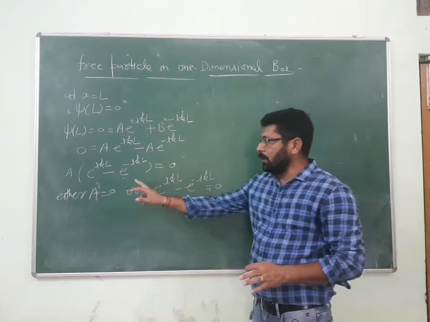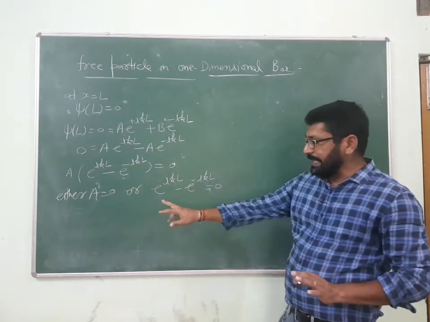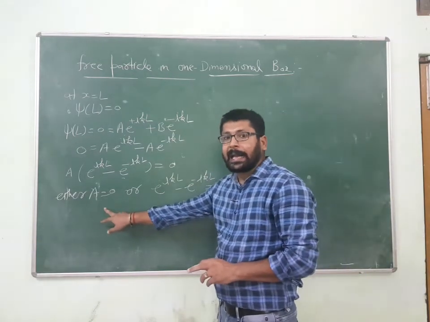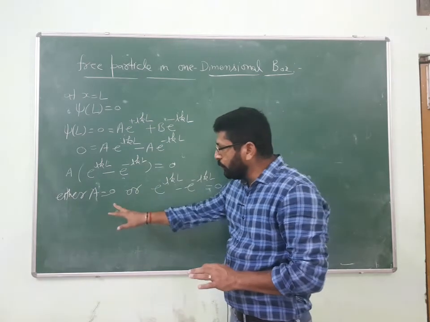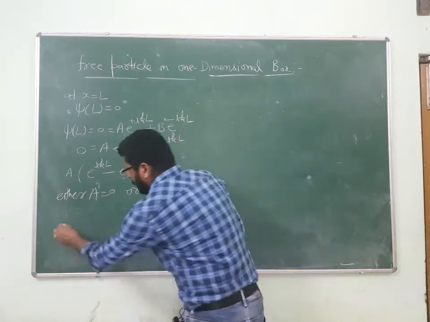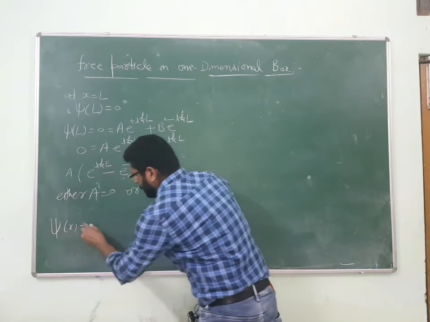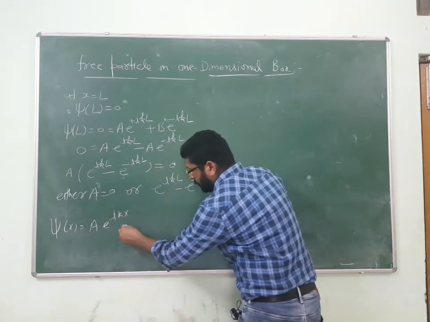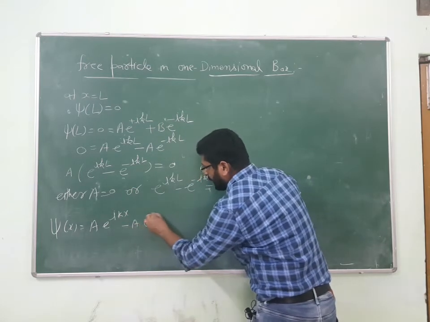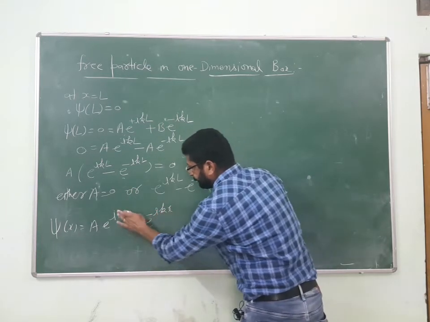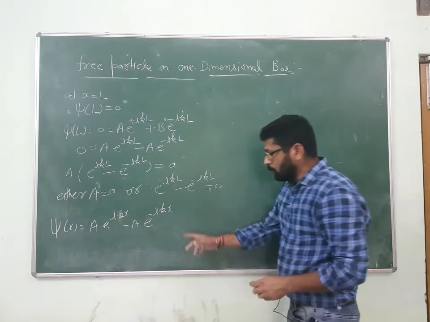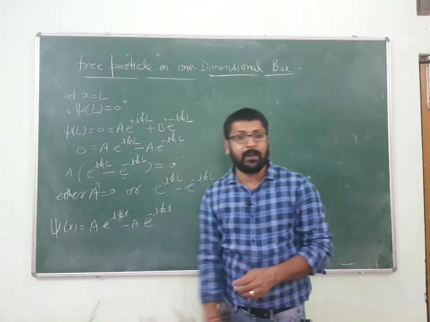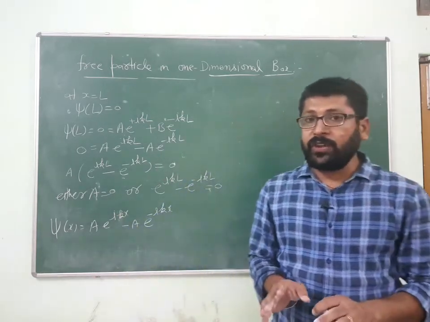But we see this a cannot be 0, because if we take a is equal to 0, that means our psi was a exponential iota kx and b was minus a, so exponential minus iota kx. So if a becomes 0, that means this wave function again will become 0.